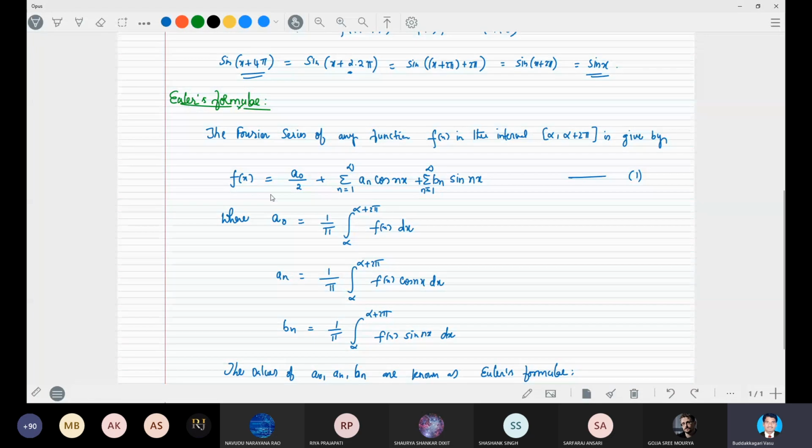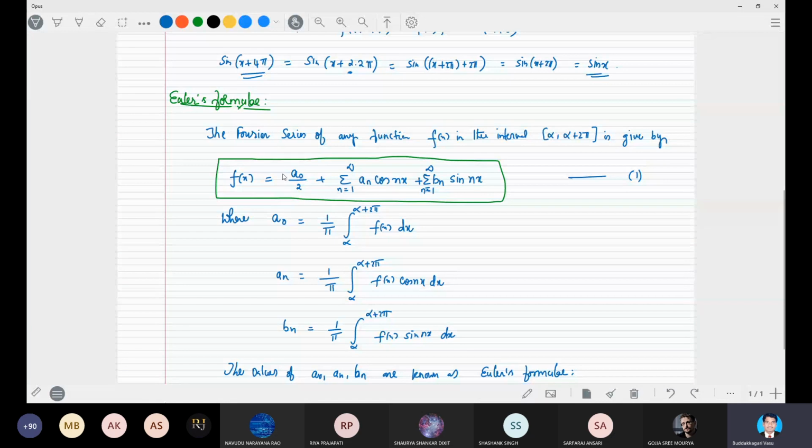Which we will take in the standard form: f(x) equals a naught by 2 plus sigma n equals 1 to infinity a_n cos nx plus sigma n equals 1 to infinity b_n sin nx, where the coefficients a naught, a_n, b_n can be determined.